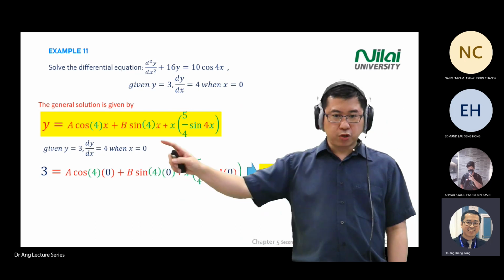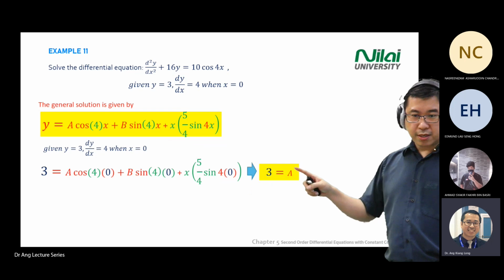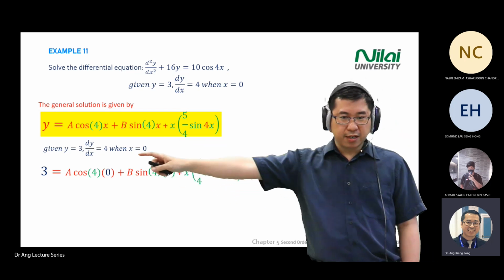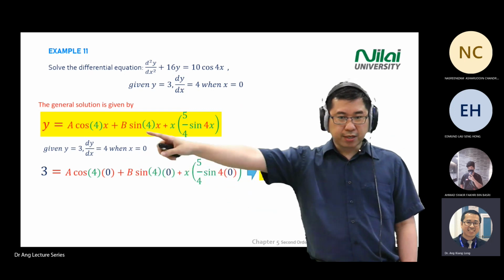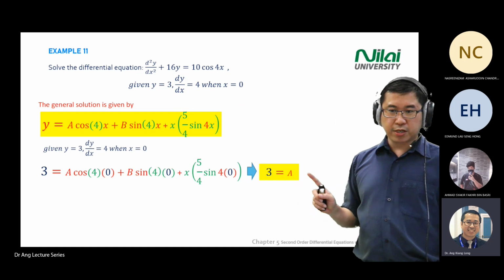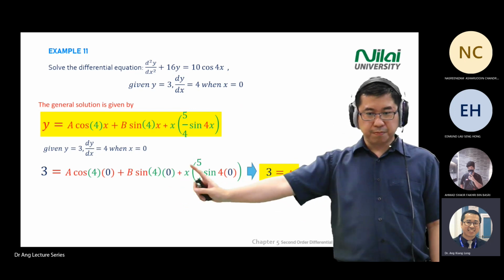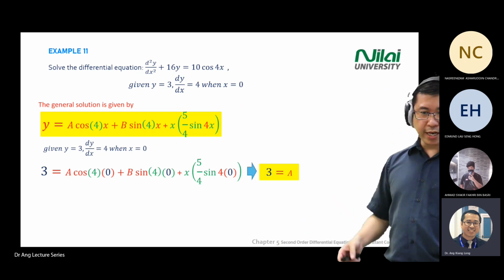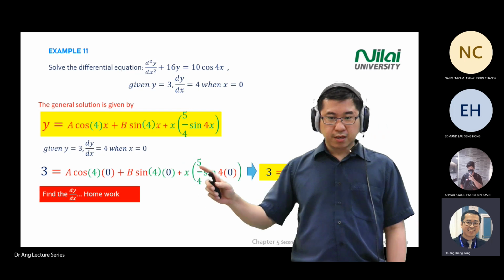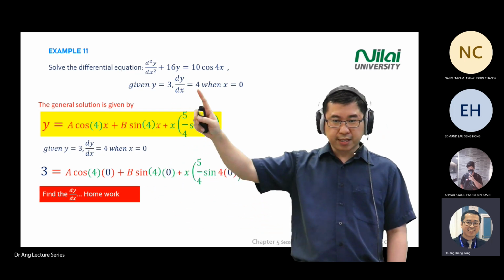When you substitute your x and y inside here, you get the first equation, A equal to something. In this case, your B is 0, very lucky, so you only get A. Once you get A, you do the same for dy/dx.